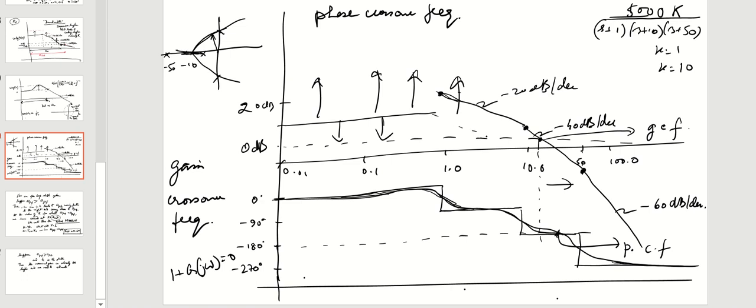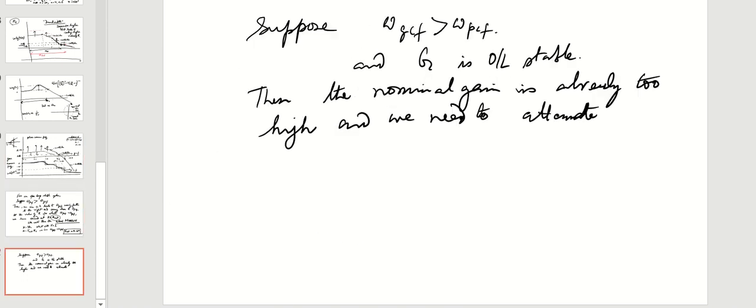So every part you bring down like this and shift the gain crossover to the left, because you're already way off the mark. Attenuate, that is, choose gamma less than unity.